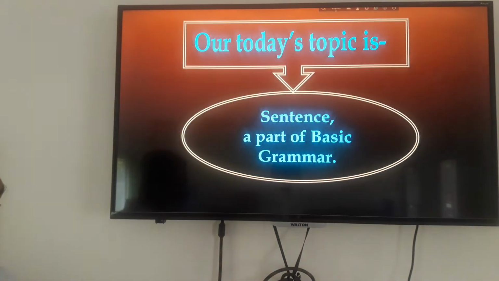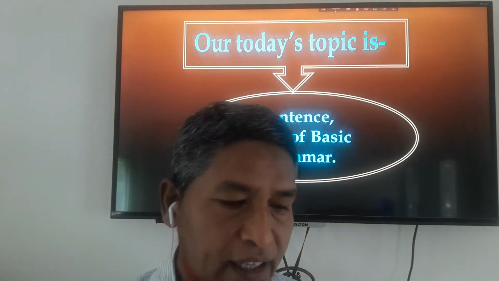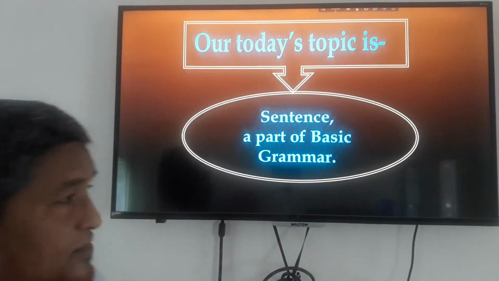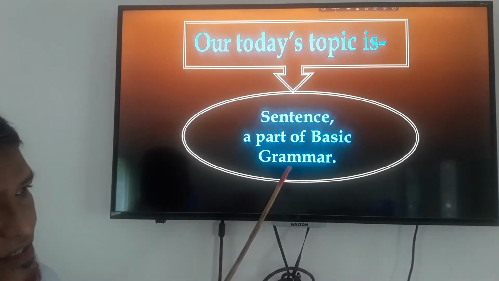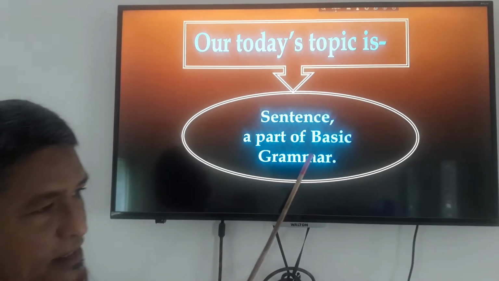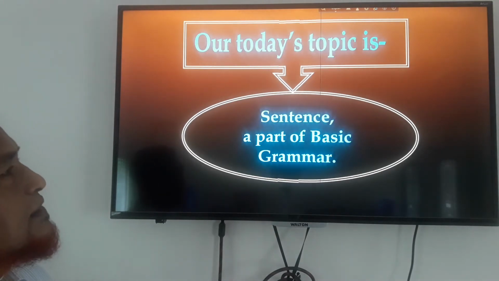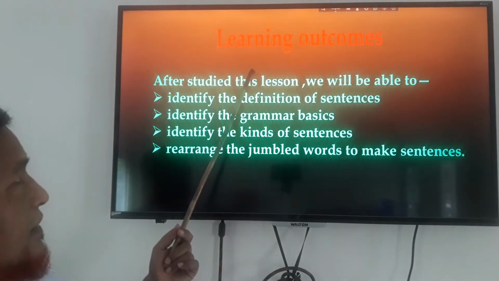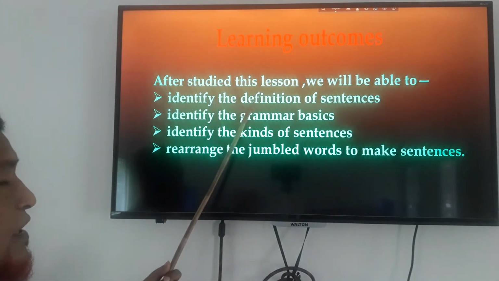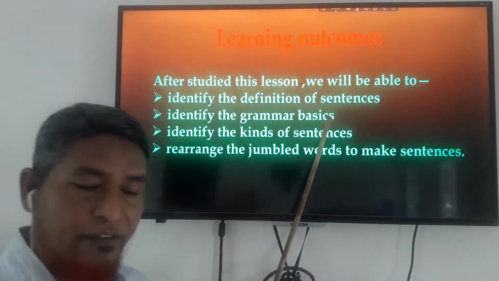So, today our topic is sentence, a part of basic grammar. First of all, here are some outlooks of what we have to achieve from this class.